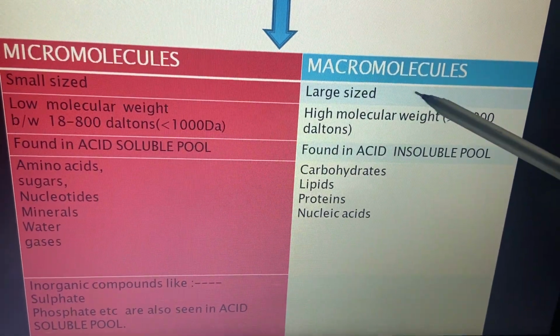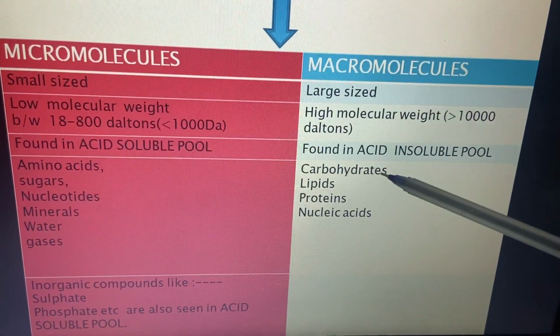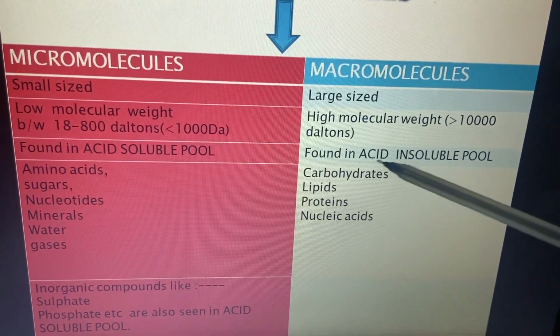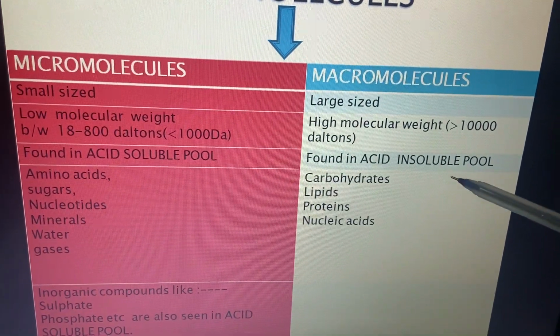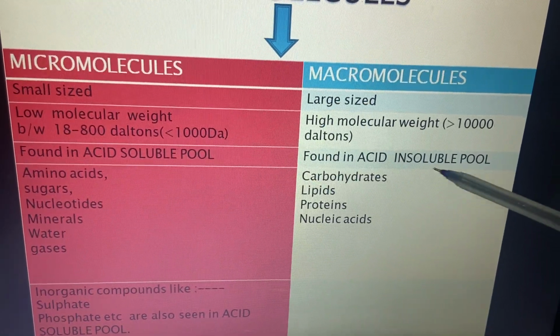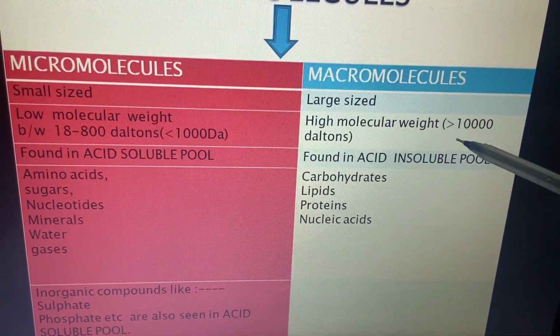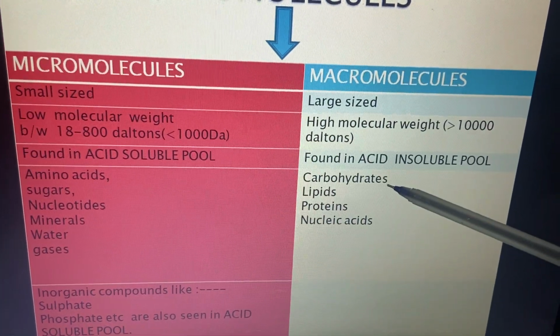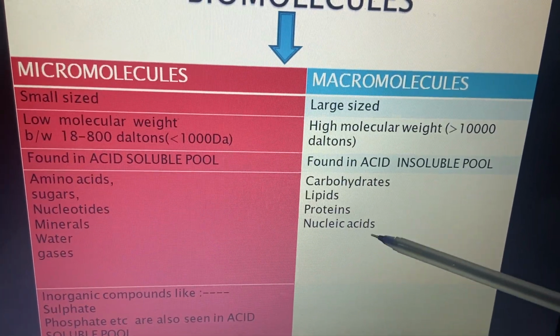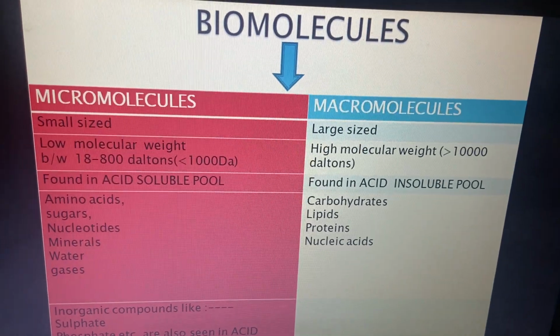Now, what we are getting in the acid insoluble pool, as the name suggests, are big macromolecules whose molecular weight is greater than 10,000 daltons. For example, carbohydrates, lipids, proteins and nucleic acids.